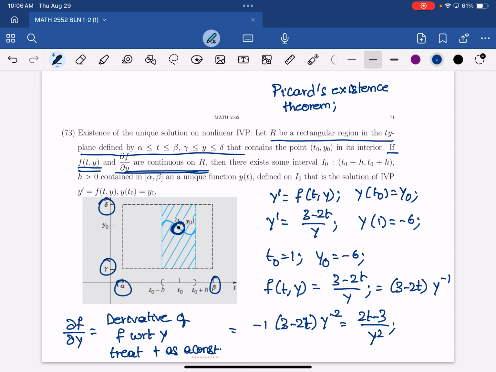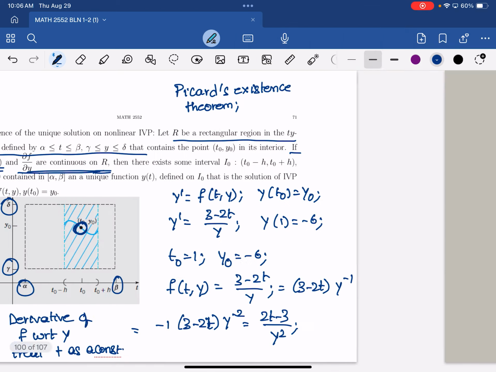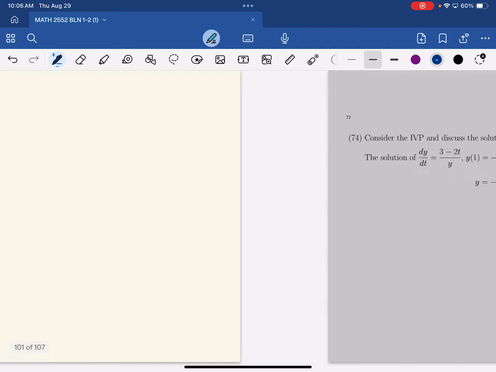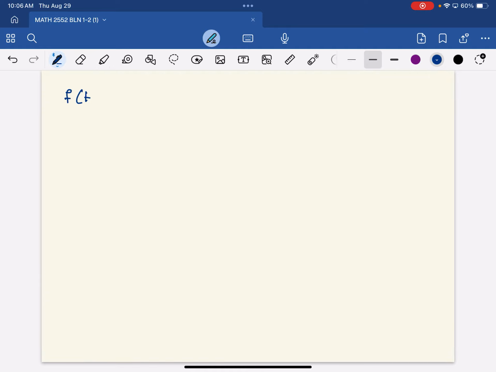Everyone okay? I'm trying to map the problem that we did before with the existence theorem. So the function f is this, t naught is 1, y naught is negative 6, and partial f partial y is this. Are we all good? So now you can see that the function f of t, y, which is (3 minus 2t) over y, is continuous everywhere except y equals 0.